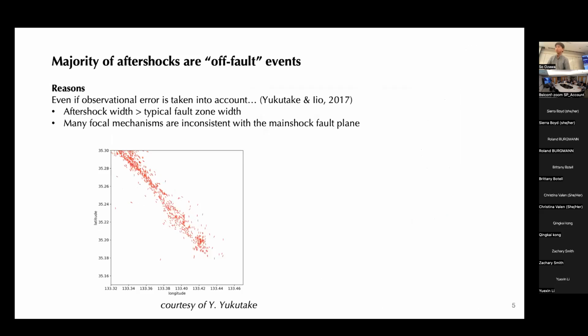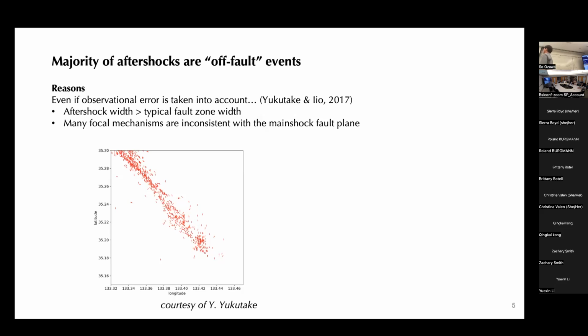But actually, I want to point out from some observational papers that the majority of aftershocks are actually off-fault events. The reason is given by Yukutake and Iio 2017. Even if we consider the inherent observational error, the typical width of the aftershock distribution is much larger than the typical width of a fault zone.